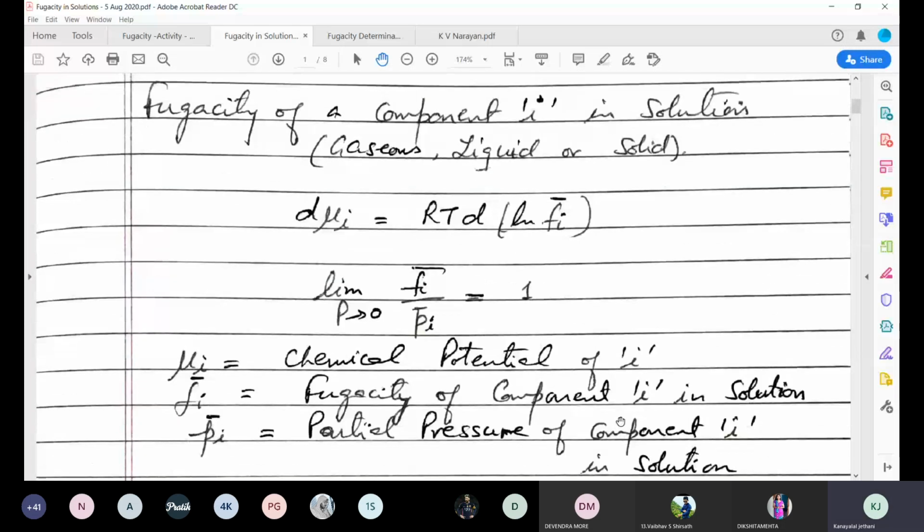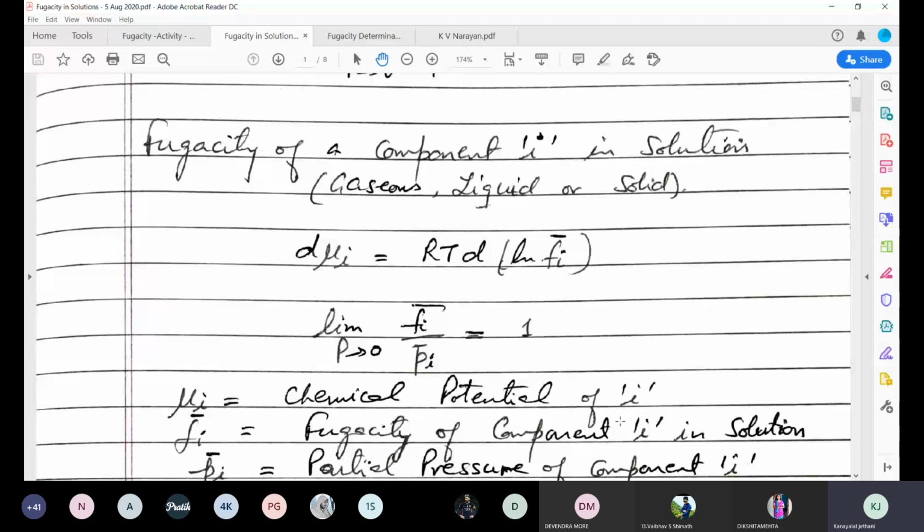ठीक है, कोई डाउट है इस पे, क्वेश्चन है? It's by analogy, right? So you have seen and we define always by analogy, right? You have देखा ना मास ट्रांसफर एनालॉजी, मास ट्रांसफर मोमेंटम ट्रांसफर किया है कि नहीं? Yes, sir.